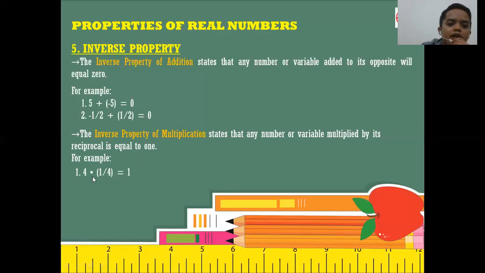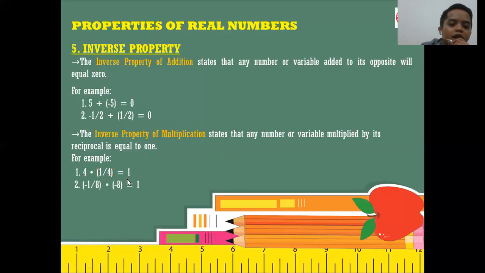When you multiply it by its reciprocal, 1/4, the result is 1. So this 1/4 here is your multiplicative inverse that makes the result equal to 1. So when you multiply a number and its reciprocal, the result is 1. That is the inverse property of multiplication.